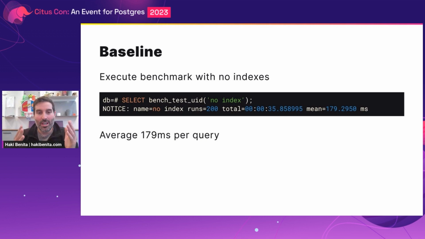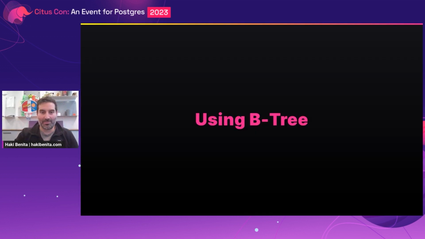We executed 200 queries, and the mean execution time with no indexes was 179 milliseconds per query. So if we execute a query to search for a row with no indexes, we are going to get a response in roughly 179 milliseconds. That's the baseline, and we are going to compare everything to this.